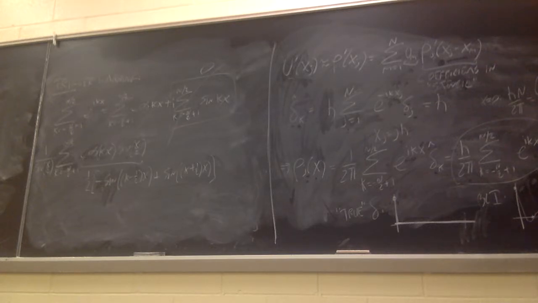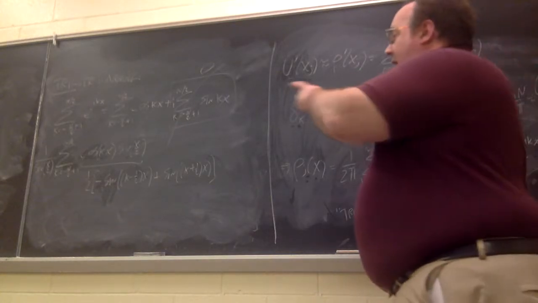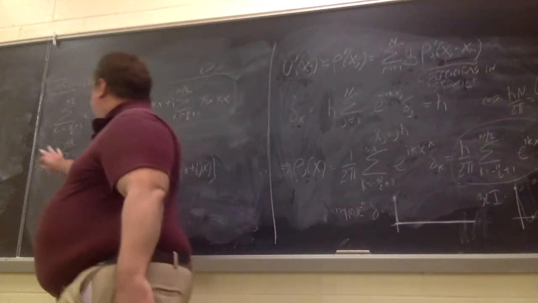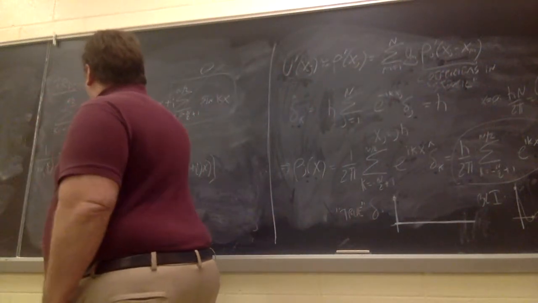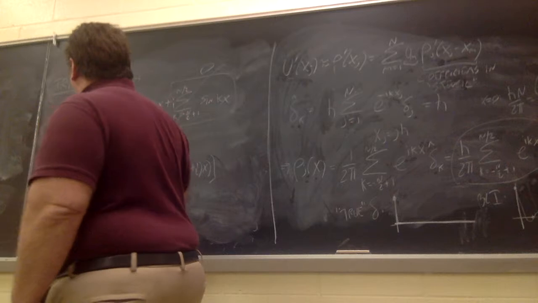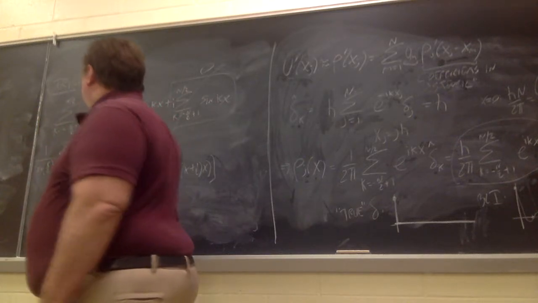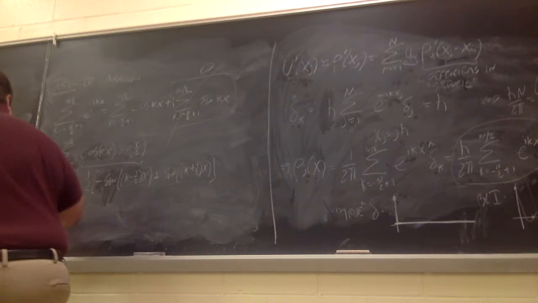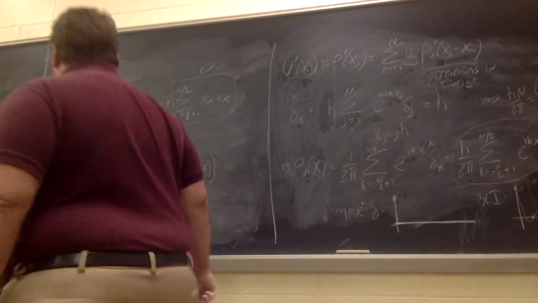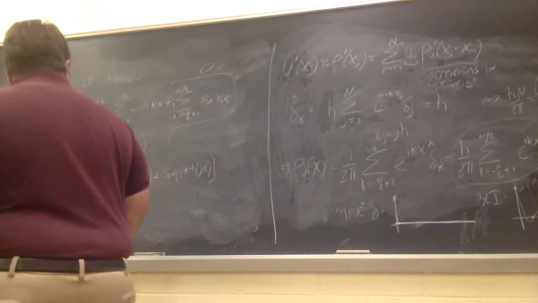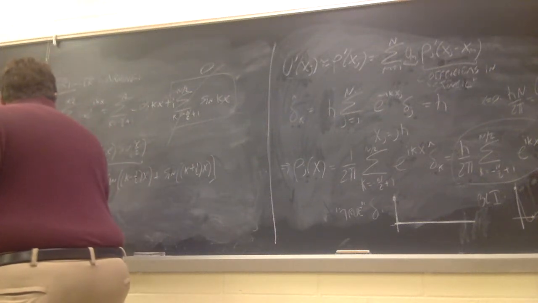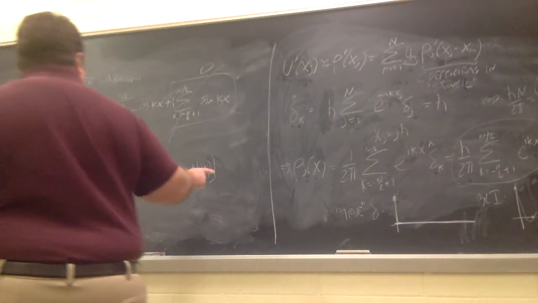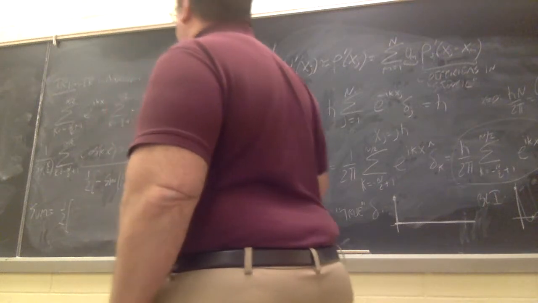So then what I'm going to do is write out, so we'll forget about this and focus on the sum. I'm going to write these out from k equals minus n over 2 plus 1 up to n over 2. So starting with the lowest index, all terms will have a 1/2, so I'll just pull that out.